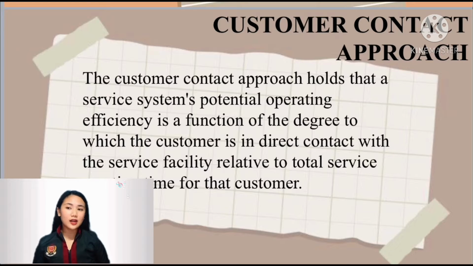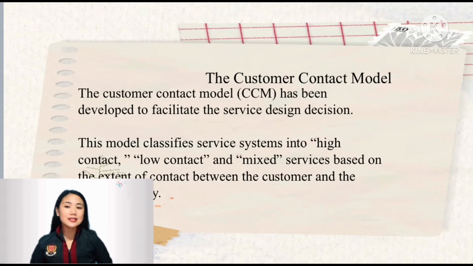Quasi-manufacturing, on the other hand, is entirely opposite of the pure services. Quasi-manufacturing requires low direct contact, and examples of it are wholesale houses, government administration, and post office. Lastly, the mixed services. Based on the word itself, it is a mix of high and low contact or in the middle. Examples of these are banks and post office.